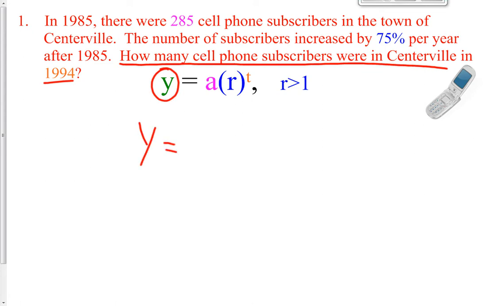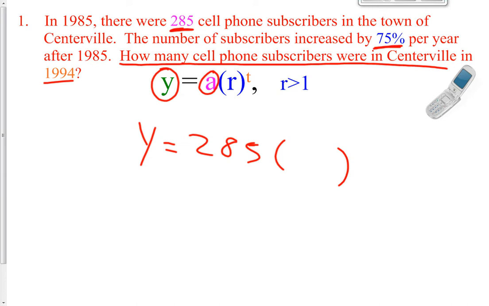So y equals a, where a is the initial amount of cell phone subscribers, which is 285, multiplied by the rate raised to the time. So the rate, class, can be kind of tricky on this one. It's the percent increase, which we see is 75%, and we've got to be careful about that.